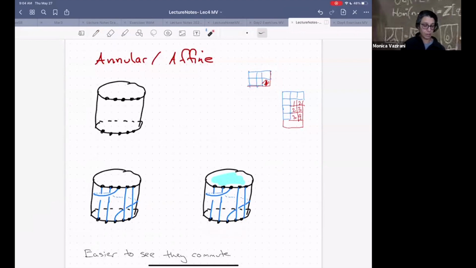You can go from the annular or the affine to the type B Coxeter group. And so you could just have a similar picture and get operators there. I'm not sure. So for the classical families, you could do something.